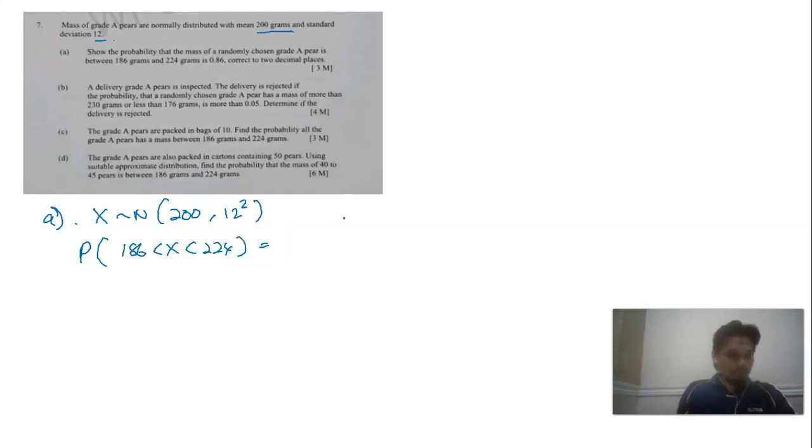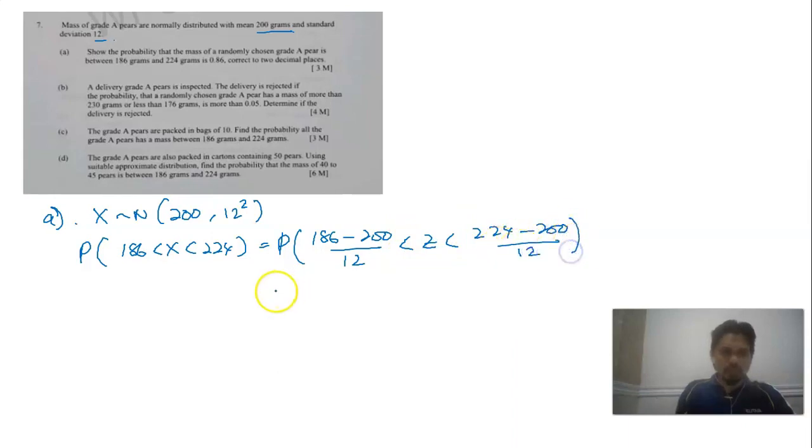Show that the probability is 0.86. Now this one is the probability of (186 minus 200) divided by the standard deviation 12, less than Z less than (224 minus 200) divided by the standard deviation 12.